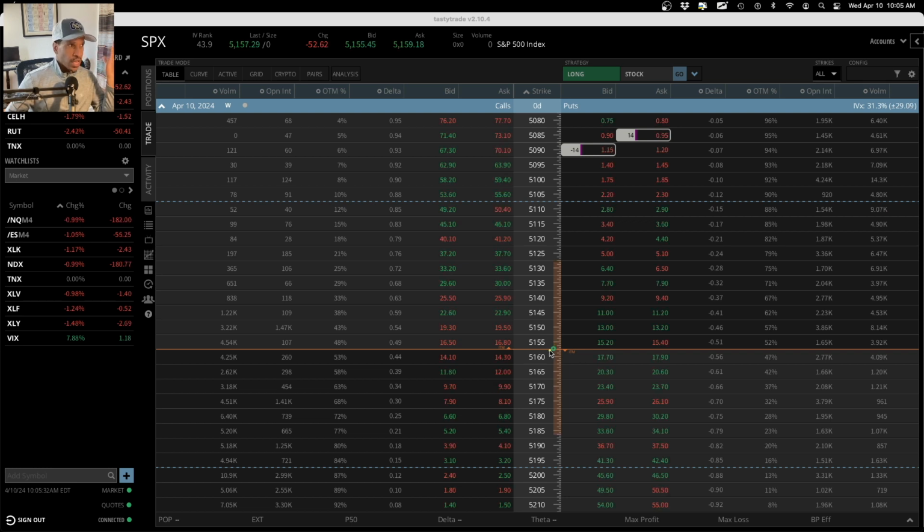In other words, if the SPX has used a lot of energy to move to the downside, as it has this morning, then I'm going to the downside. Why? Because that energy that has been expended to the downside is probably, for the most part, exhausted.